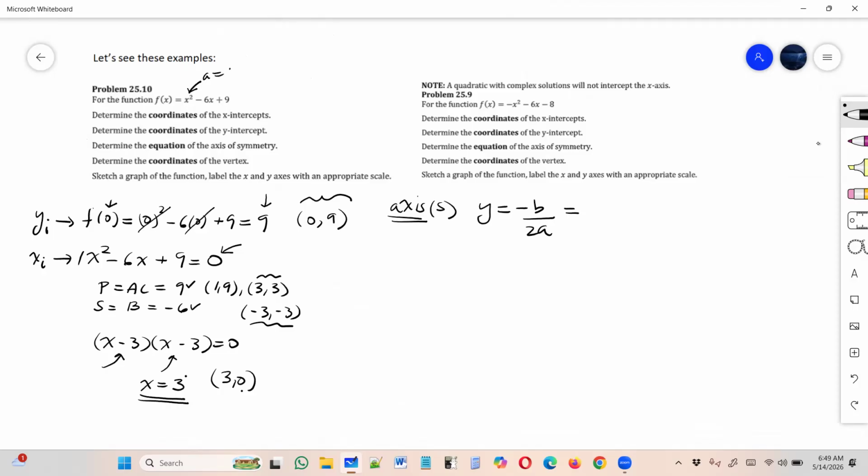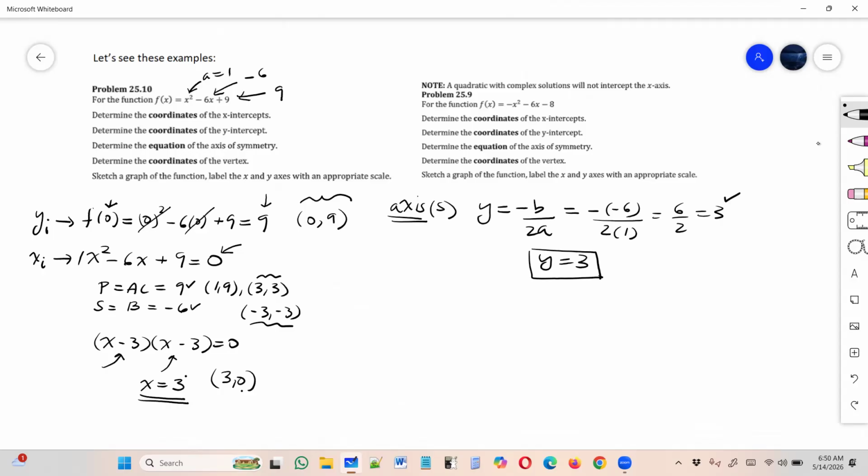So your A is 1, your B is -6, and your C is 9. So the minus B is minus 6 over 2 times A. So this is 6 over 2, 3. So Y equals 3.